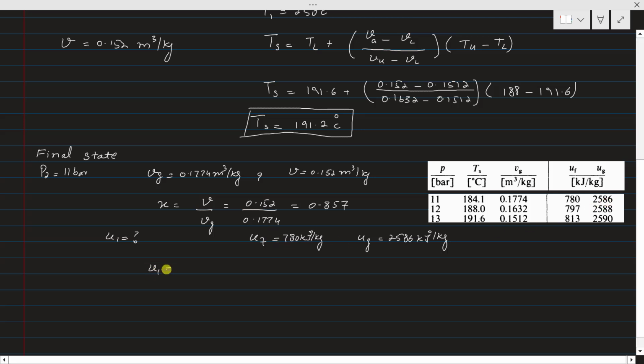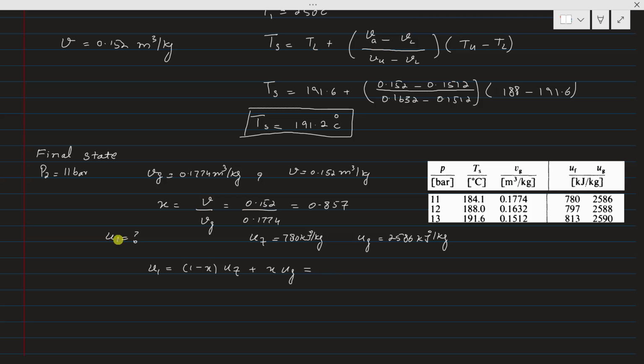The final U value will be equal to 1 minus X into UF plus X into UG. Now put all these values in this equation to get the final. Here it is U2, sorry, not U1, as we are finding for the final state.